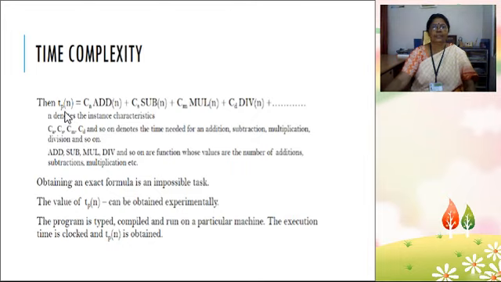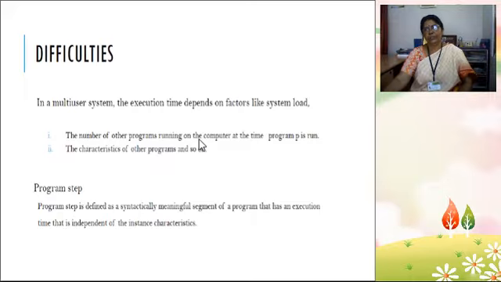But obtaining an exact formula is an impossible task. Why? Because the execution time of an algorithm does not depend only on the number of additions, subtractions, etc. But it depends on several other factors. What are they? In a multi-user system, for example, the execution time depends on the number of other programs running on the computer.